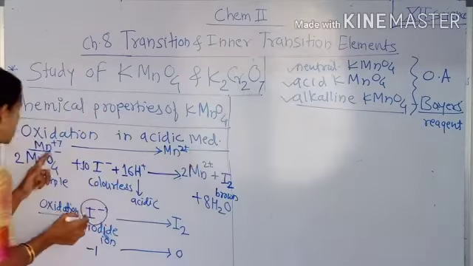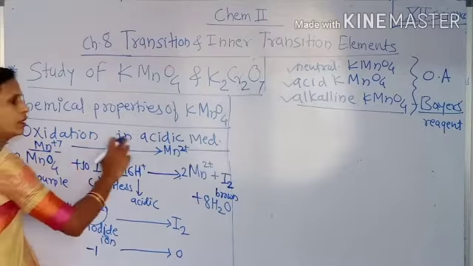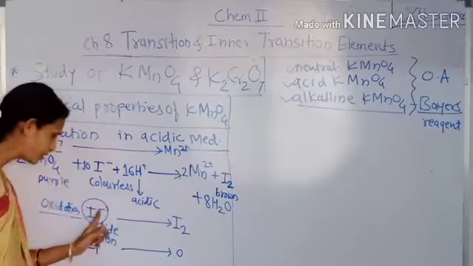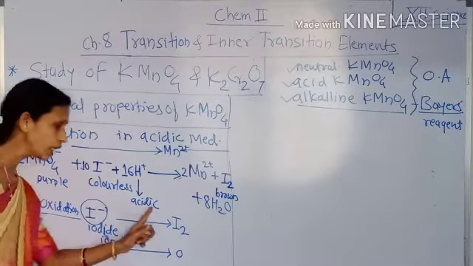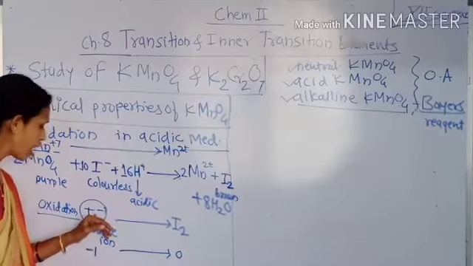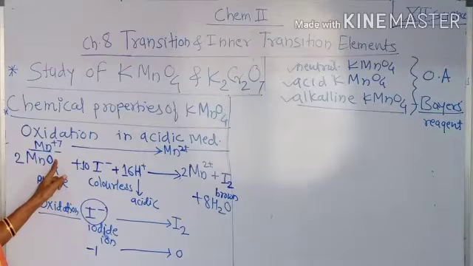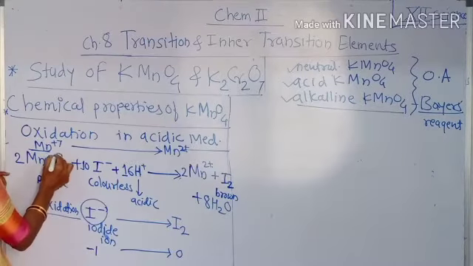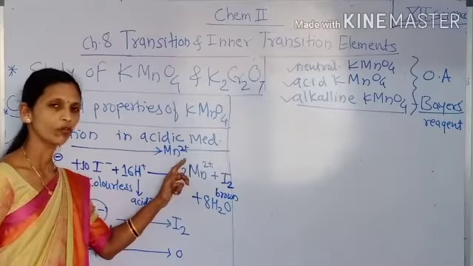That means here the oxidation state of manganese decreases, and the oxidation state of iodine increases. That means the I minus ion undergoes oxidation, while the MnO4 minus ion undergoes reduction. All of you are aware of that.